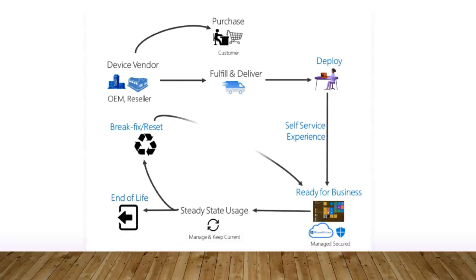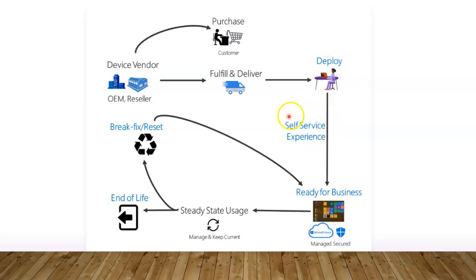Let's take the other end of the lifecycle. As a customer, you purchase something, and it's the responsibility of your OEM or reseller to fulfill the delivery to the end user, in this case Nancy, or whoever the end user is.